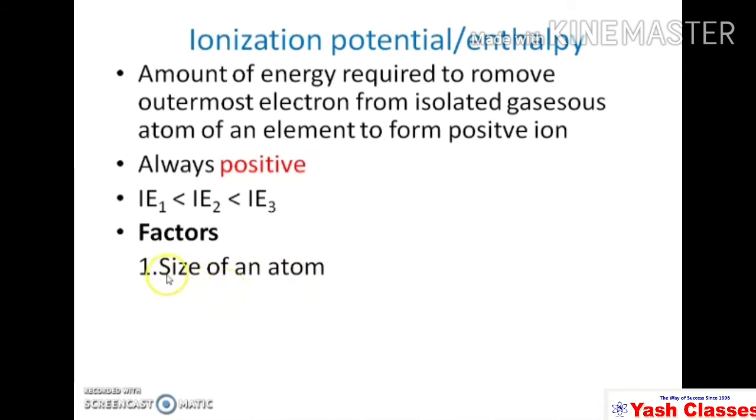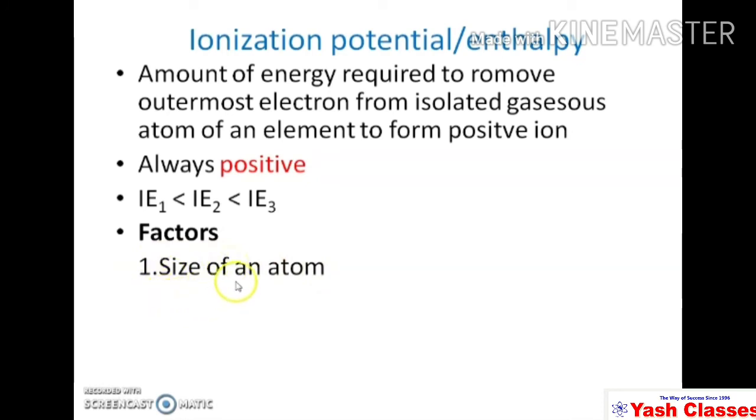A reason for this is, as the size of the atom increases, the outermost electron goes away from the nucleus, and therefore by supplying less energy, one can remove the outermost electron, and therefore less energy is required to remove the outermost electron from a big atom.